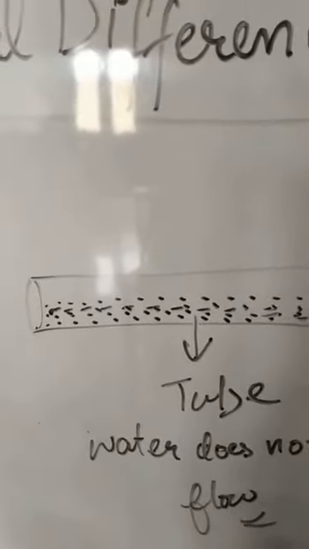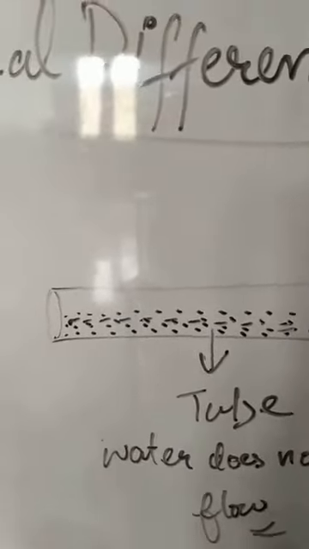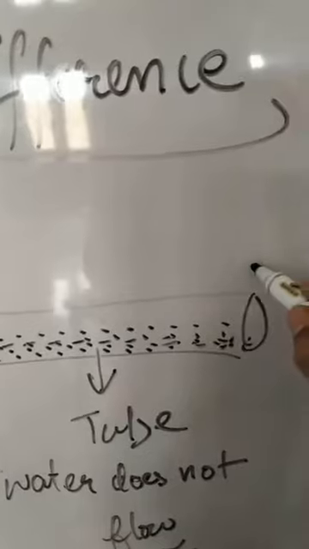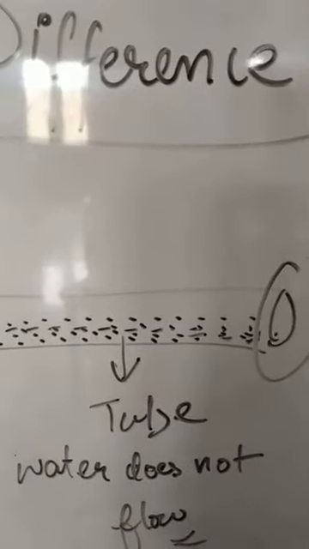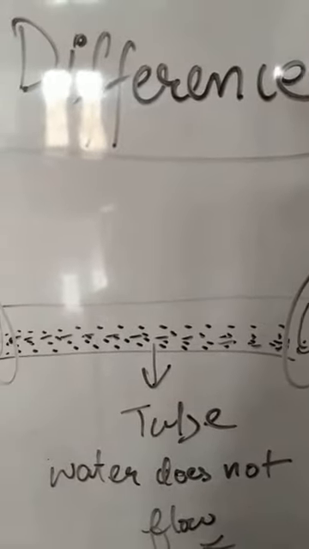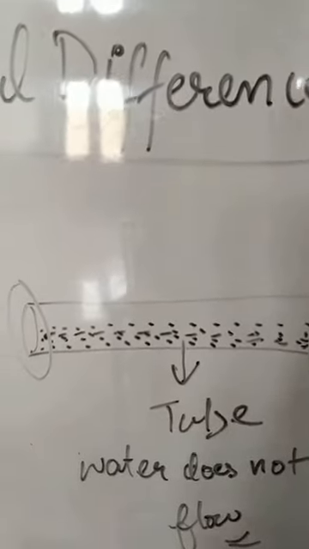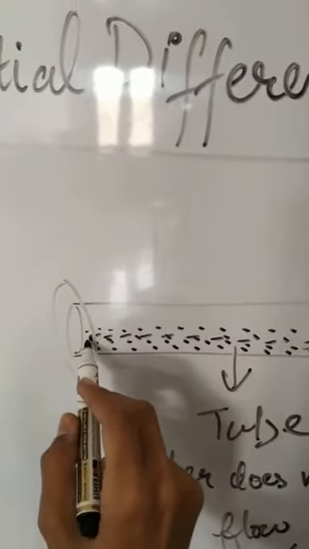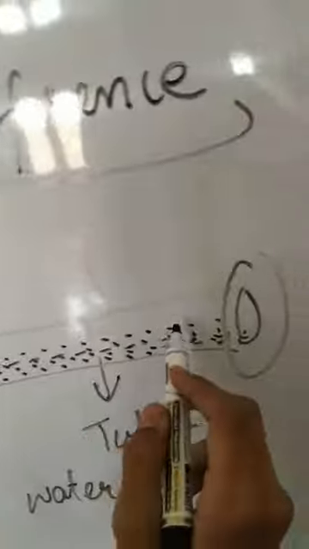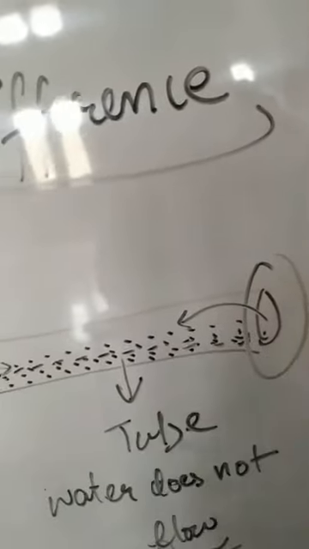Why? Because there is no pressure at this end and no pressure at this end. That's why water does not flow from this side to this side or from this side to this side.